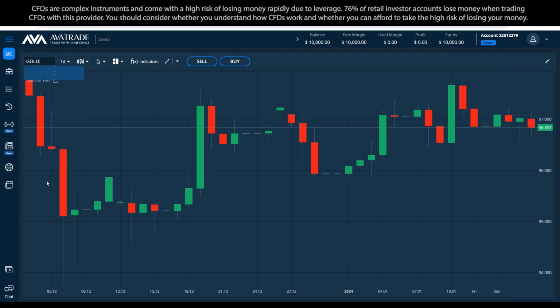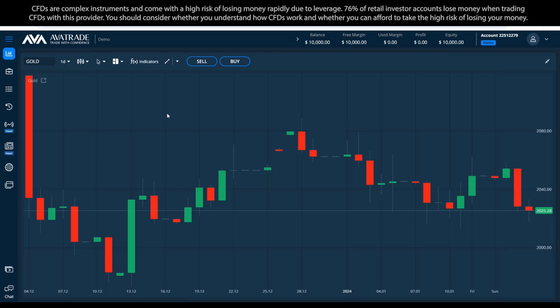I can put here gold, just pick gold if I want. If I go from here 1, 2, 3, I have my crosshair. So I'm going to change no crosshair to crosshair, and then it's easier to analyze. Obviously, I get the information from the candles and I can see what I'm doing.